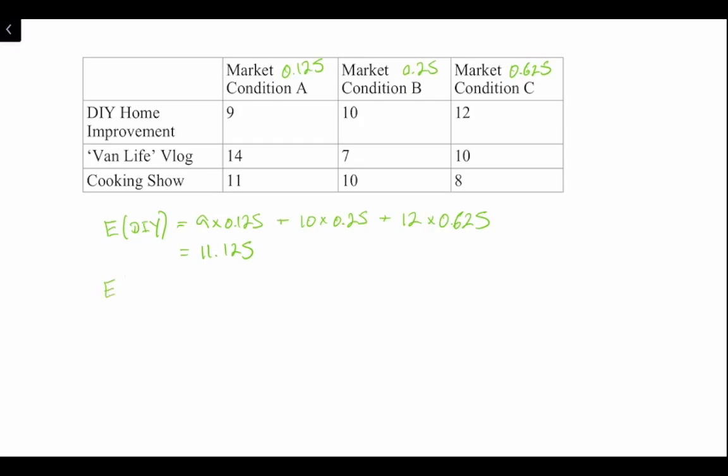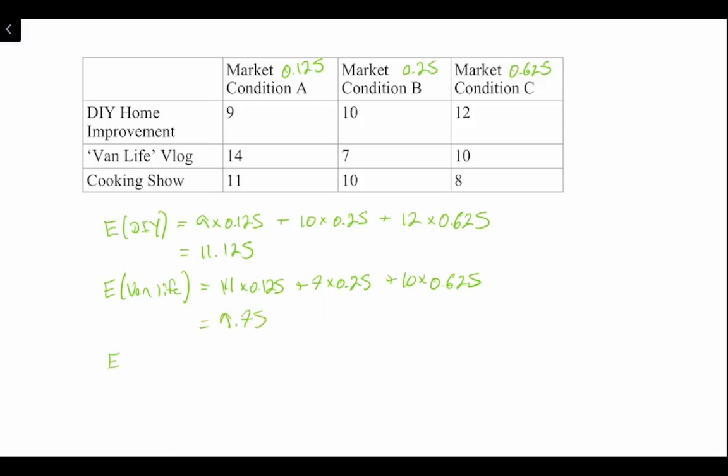Then we're going to calculate the expected value of van life, which is 14 times 0.125 plus 7 times 0.25 plus 10 times 0.625. So that gives us an expected value of 9.75.